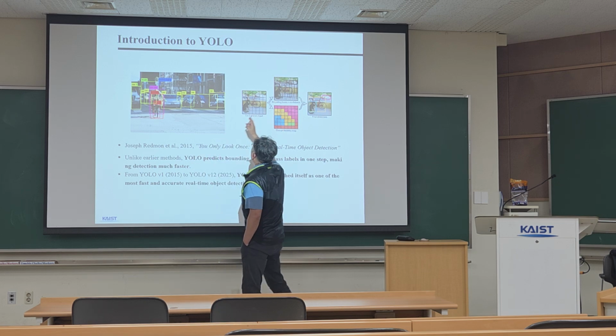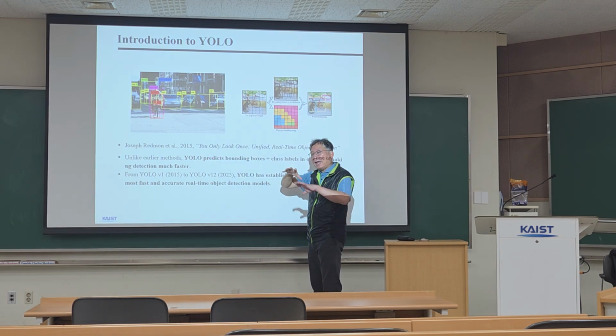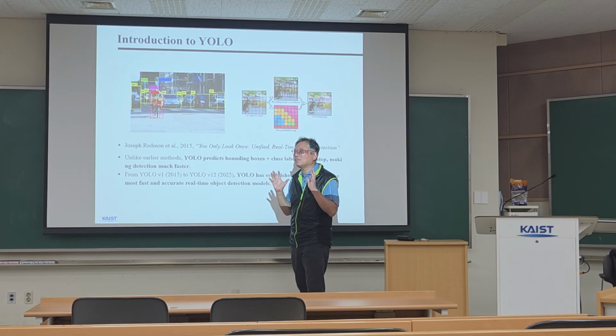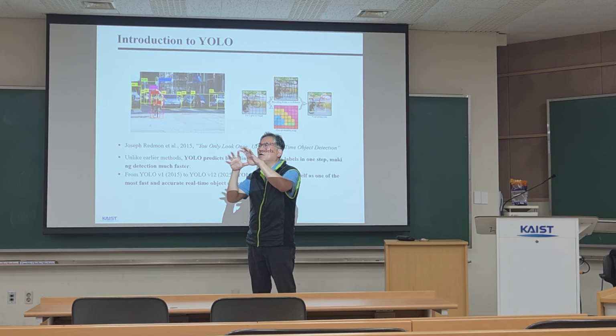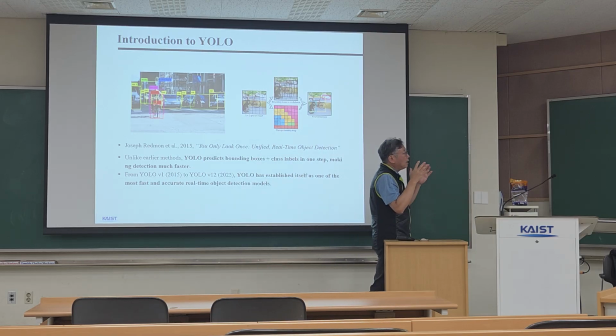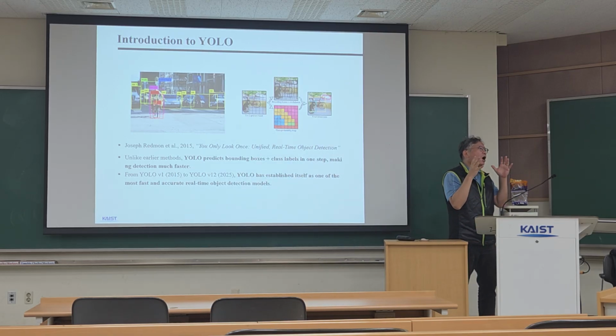So you look at all the boxes and you say, if the intersection over union, IOU, that's what we call it, if the boxes overlap considerably, maybe 65 or 70%, then they are boxing the same object.